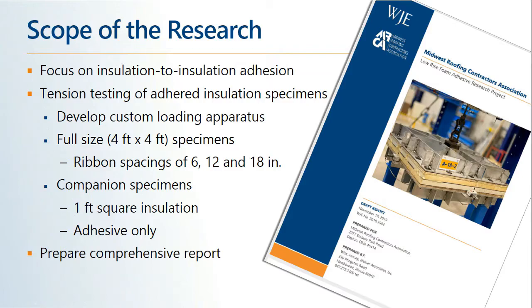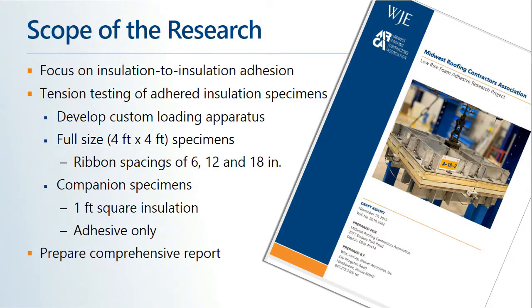And in order to test the full 4 foot by 4 foot specimens, it would require that a custom loading apparatus be developed that could accept the full size specimens. There's testing out there that was done on 2 foot by 2 foot samples, but 4 foot by 4 foot is not a common material size to use for testing.